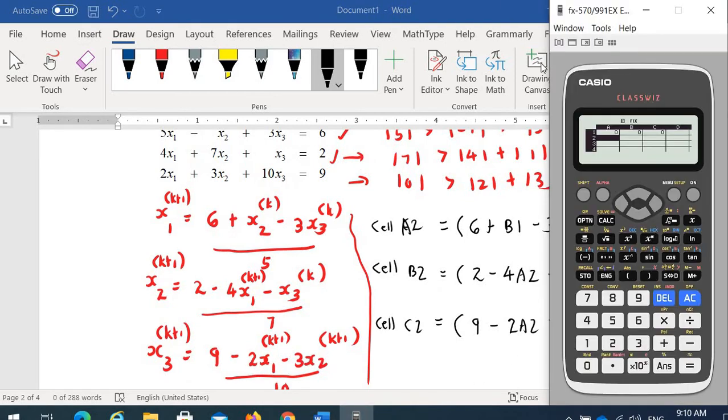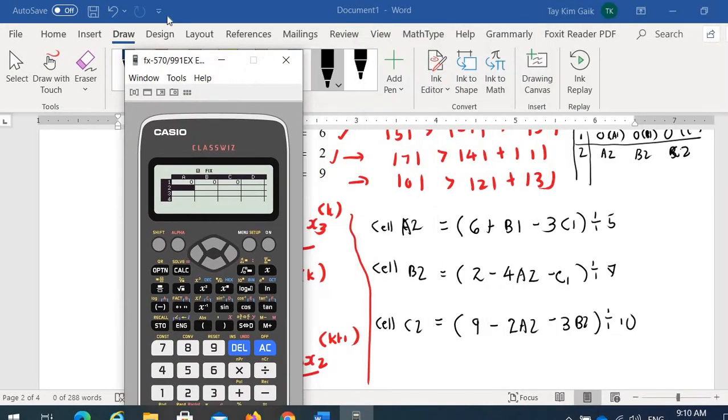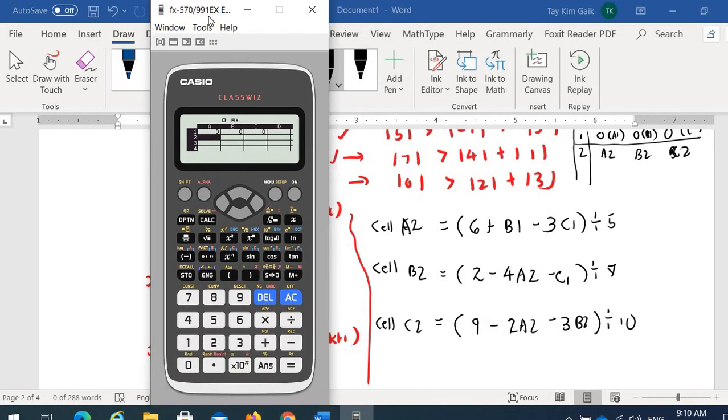So we will calculate this in cell A2, with alpha equal, bracket 6 plus alpha B1 minus 3 alpha C1, divided by 5. So you get 1.2.